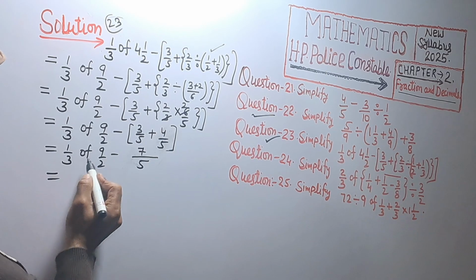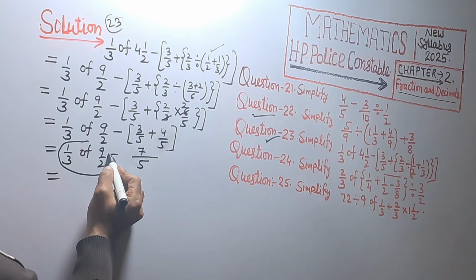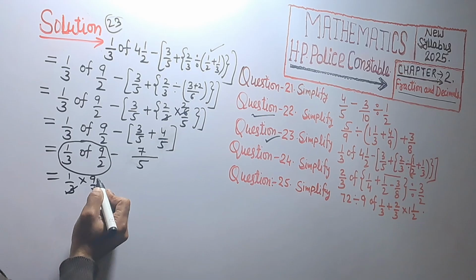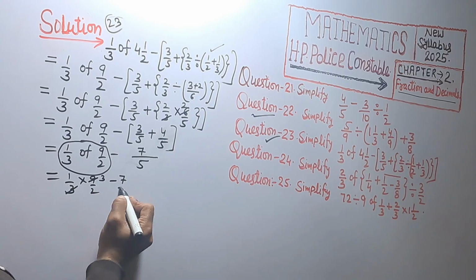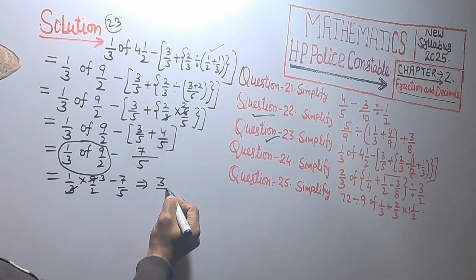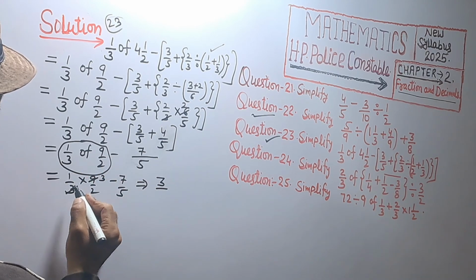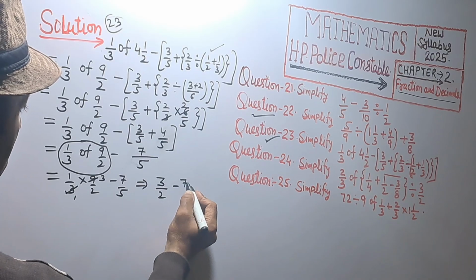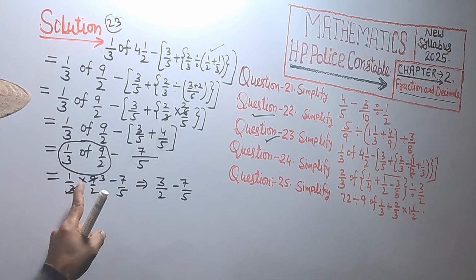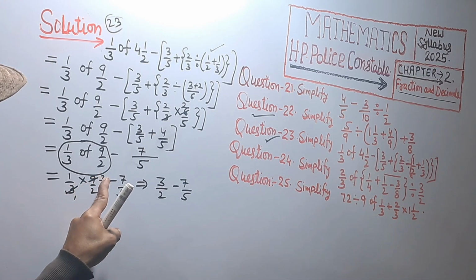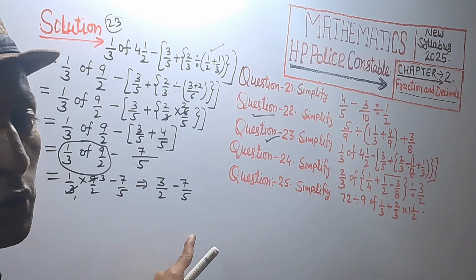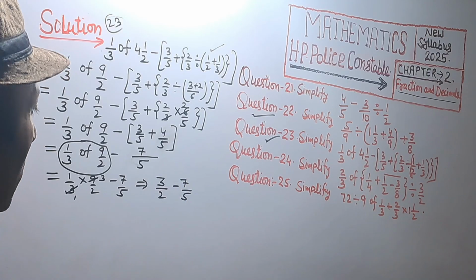Of means multiply, so first we solve 1/3 into 9/2. 9 divided by 3 is 3, and 2 ones are 2, giving 3/2 minus 7/5.